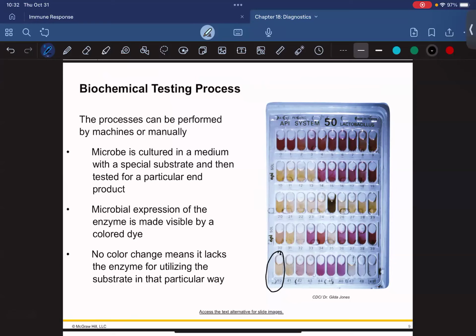That's 6 tests just right there, MR, VP. And then the litmus milk stuff. That's a lot of stuff going on with that as well. But we could separate those out on individual tests. We have all these other media we're going to look at, like citrate, phenylalanine deaminase. We're going to look at sulfur reduction eventually, and whether or not you can utilize tryptophan and all this stuff.